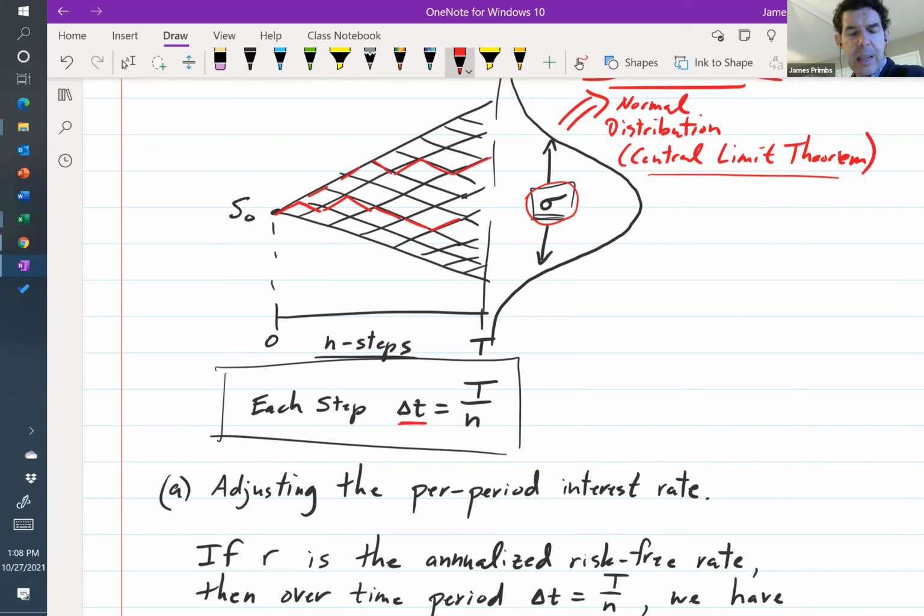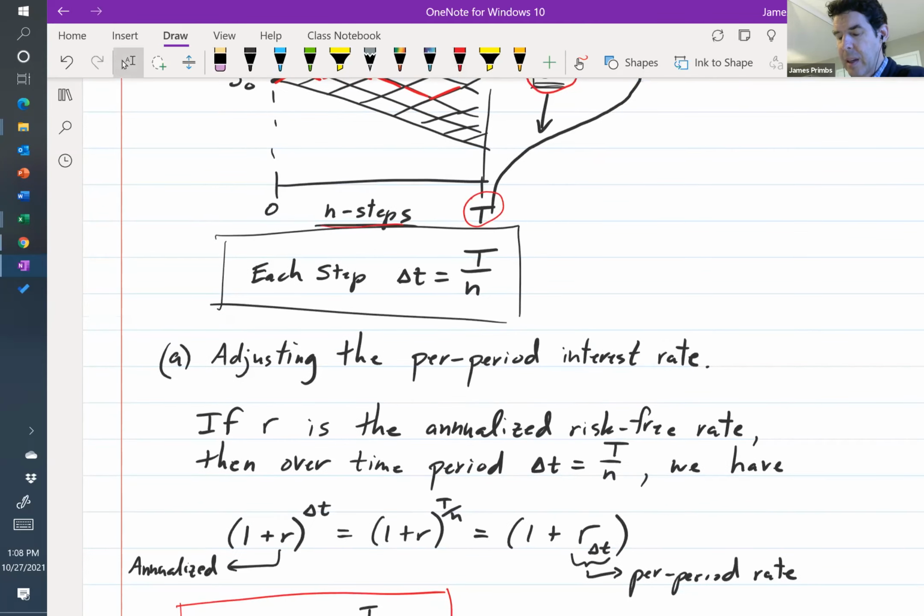After I go through these formulas, I'll do a numerical example that'll help out. If it's time capital T to expiration and I'm using N steps, then each little step of the lattice will be over a time period, which I'll call delta T, and that's capital T divided by N. So that's the first formula, and I'll highlight that one.